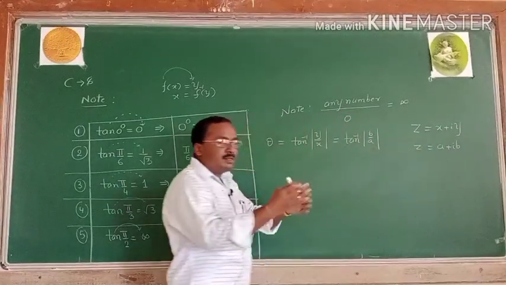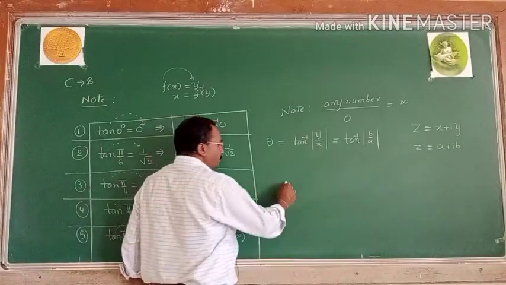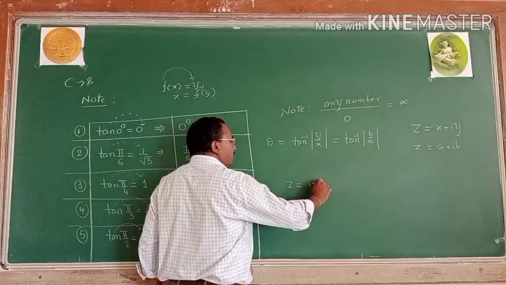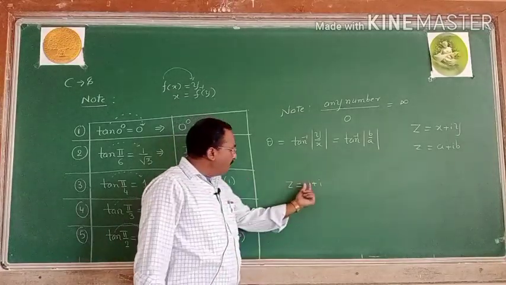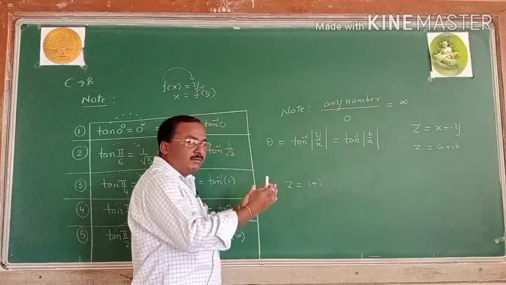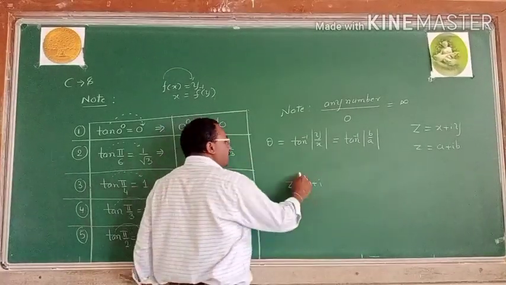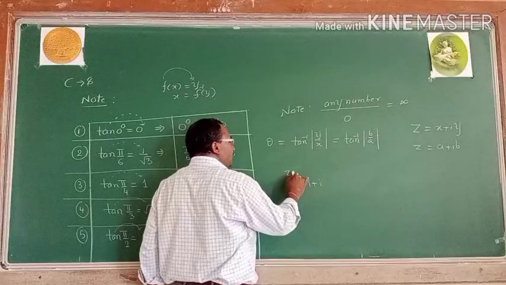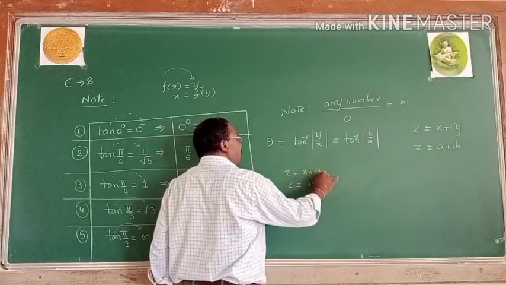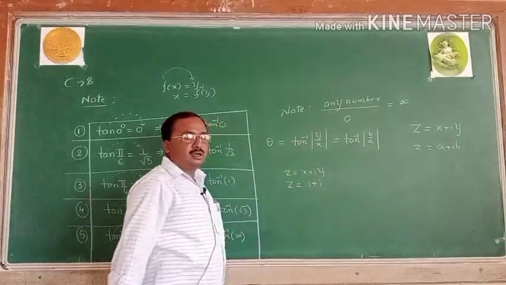Here in the examples, suppose z is equal to 1 plus i. Here the real part is 1, the imaginary part is 1. Considering the quadrant, consider this a complex number, z is equal to x plus iy form.